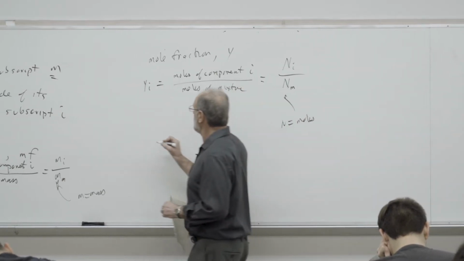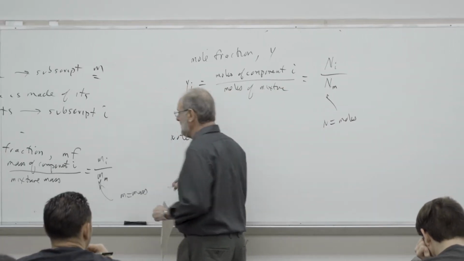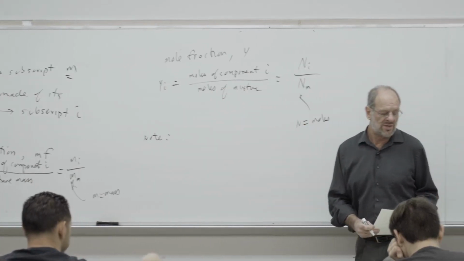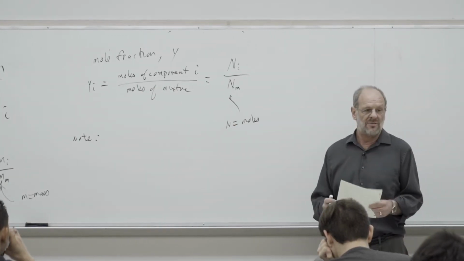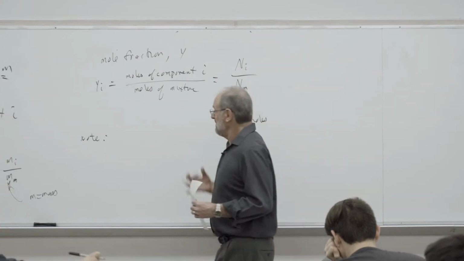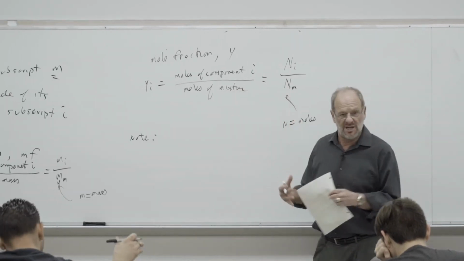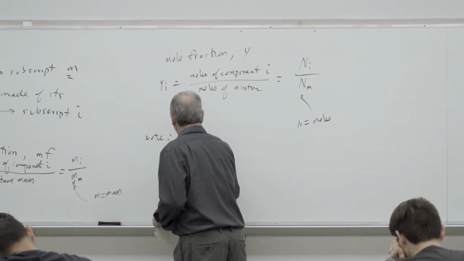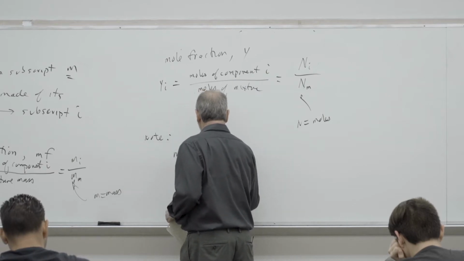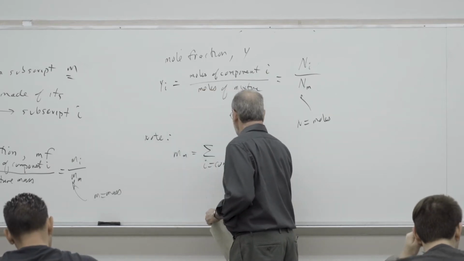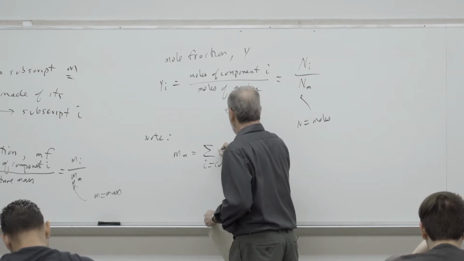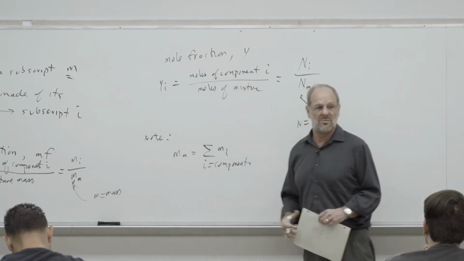Of course, we might also want to note that because we're dealing with fractions here, if one were to sum the fractions together for all the different components, then it would have to equal that of the mixture. So for instance, the mass of the mixture has got to be the sum over all components I of the mass of each individual component.